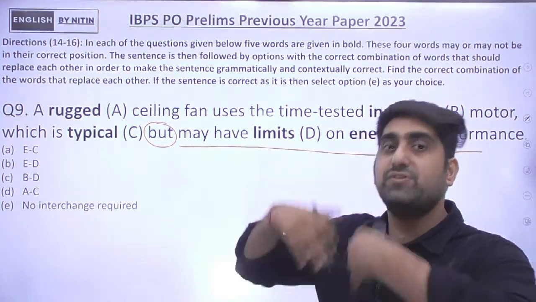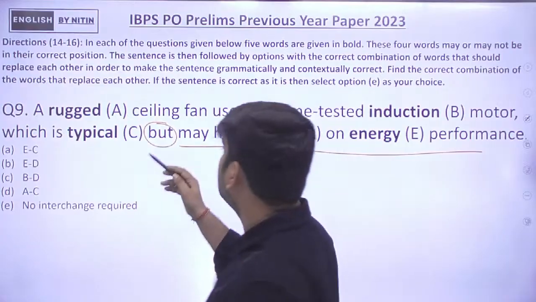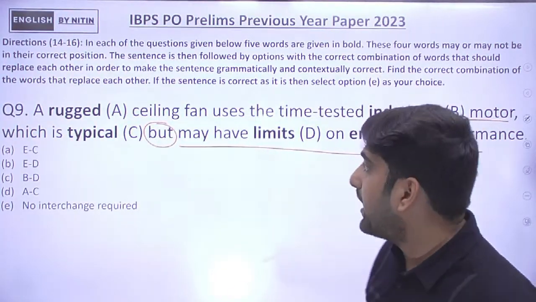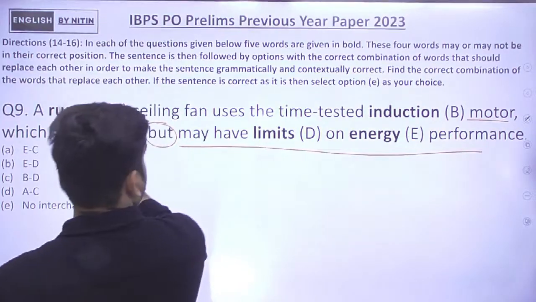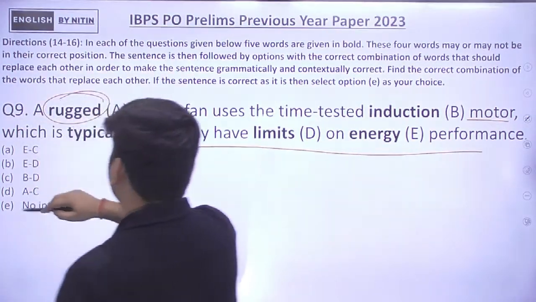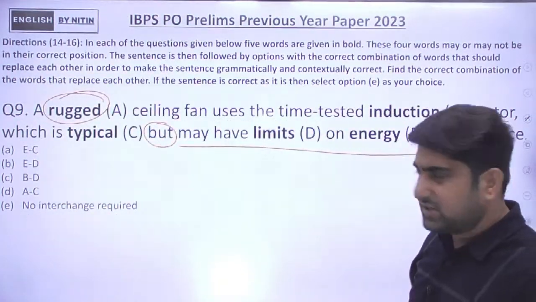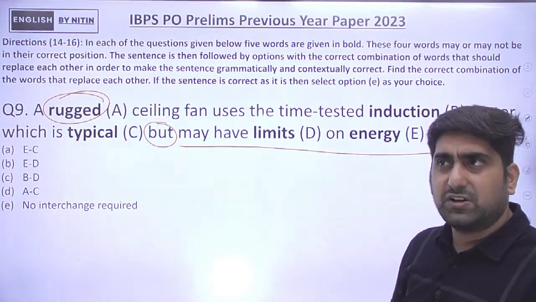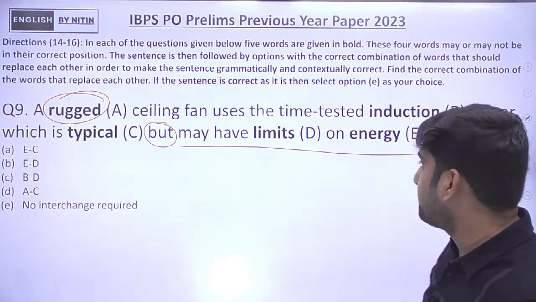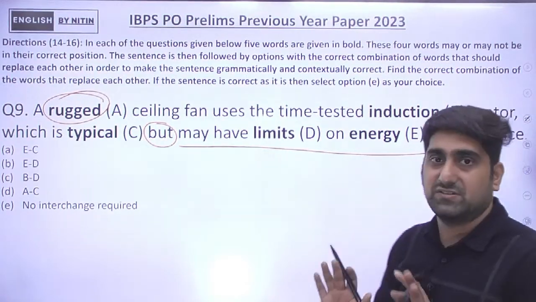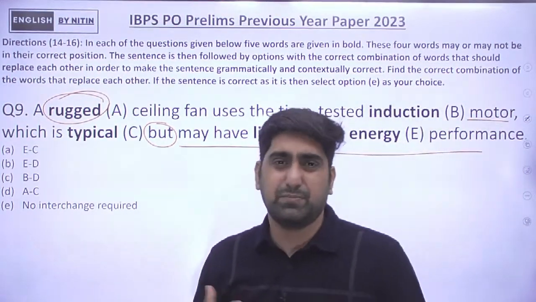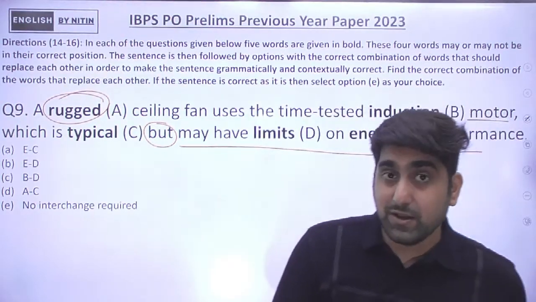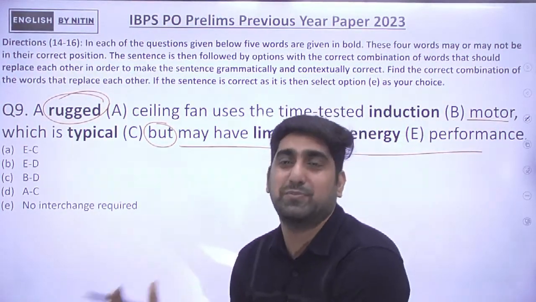So the opposite idea will be that the motor is very robust, and robust is given in this part: rugged. So the right phrase will be rugged motor, a very strong motor but with limited performance. The motor is rugged but has limited energy performance.